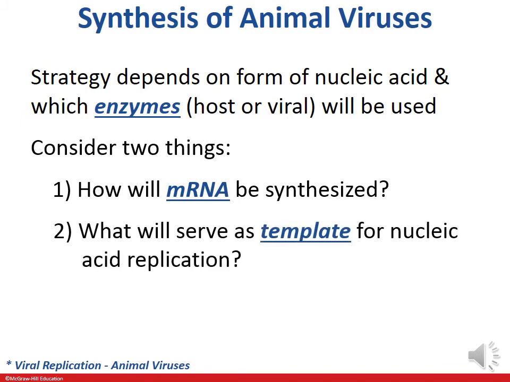So obviously you have to make proteins, and you have to make more of the nucleic acid that you came in with, right? If you're making more viruses, you need to look just like you did on the way in. And so when we say template here, remember that when we look at nucleic acids, if it's a double strand, they're not copies of each other, right?